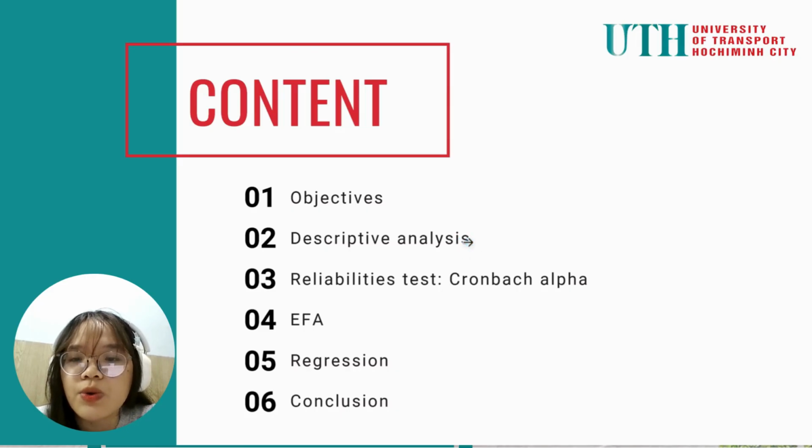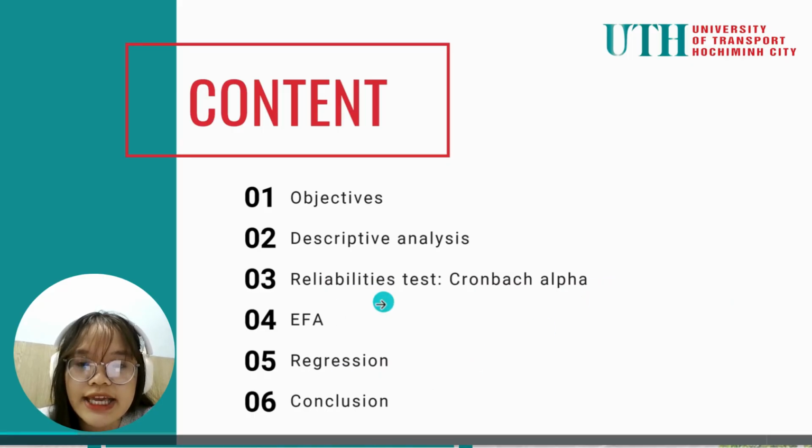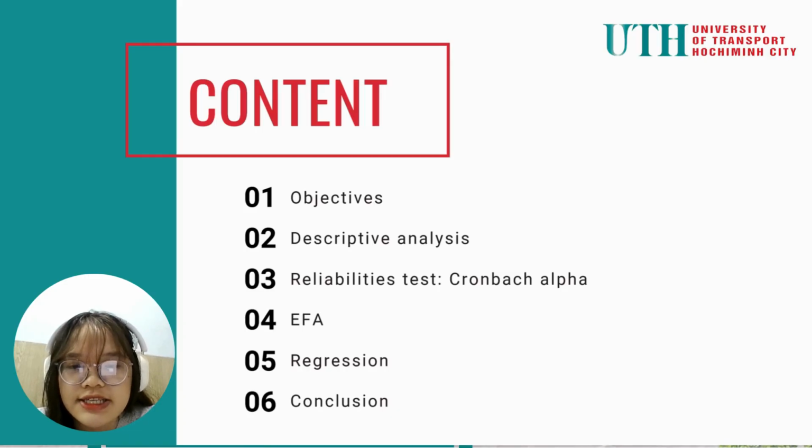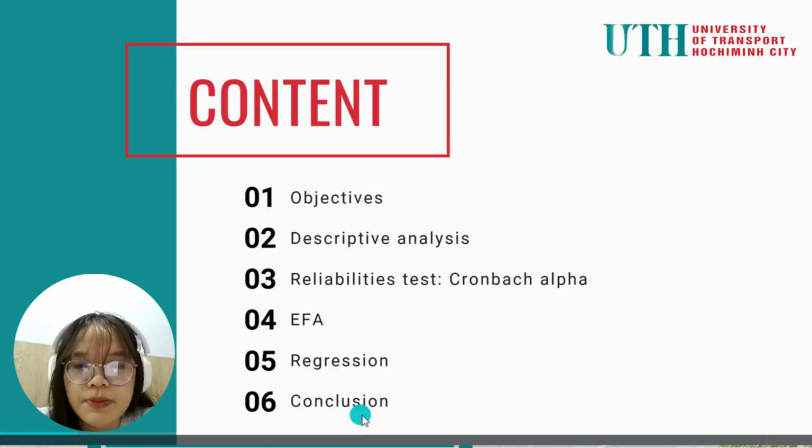Third, I will evaluate the reliability of the measurement scales using Cronbach's alpha. After that, I will present the EFA, the exploratory factor analysis, and multiple regression results. Finally, I will summarize all of the main findings and provide recommendations for Footlong.